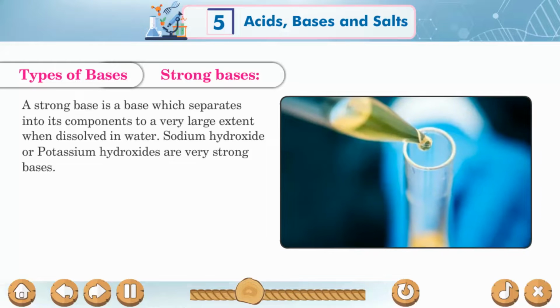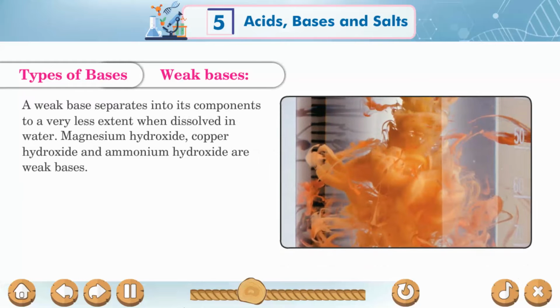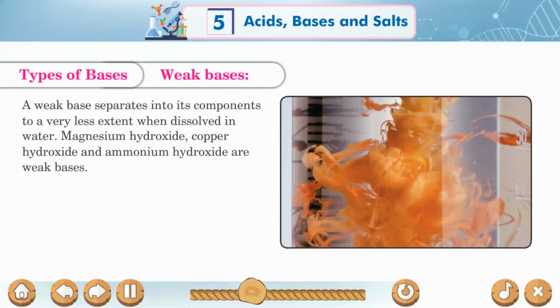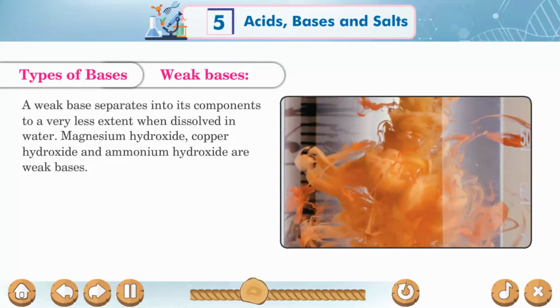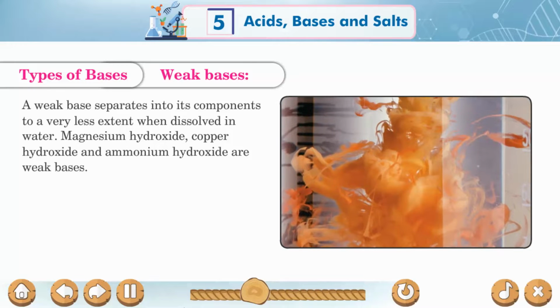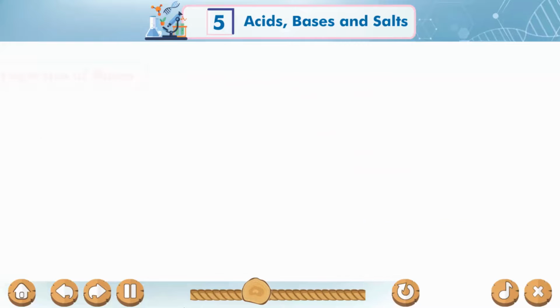Sodium hydroxide or potassium hydroxide are very strong bases. Weak bases. A weak base separates into its components to a very small extent when dissolved in water. Magnesium hydroxide, copper hydroxide and ammonium hydroxide are weak bases.